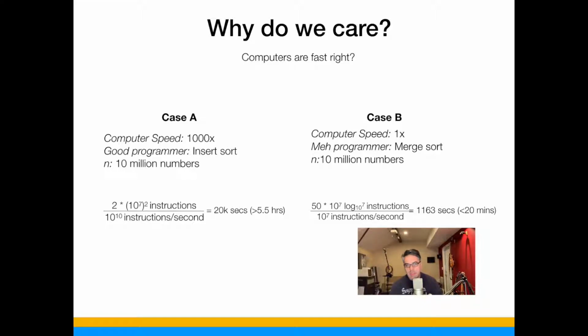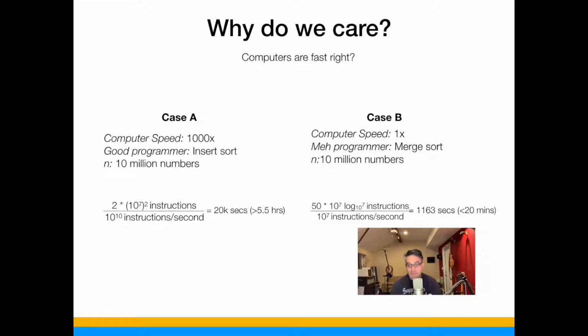In case B, we have a computer that is not above average, just regular speed, and an okay programmer, utilizing a better algorithm like merge sort, and 10 million numbers.